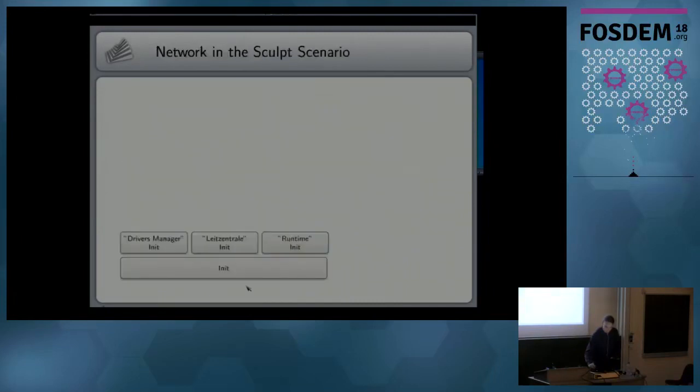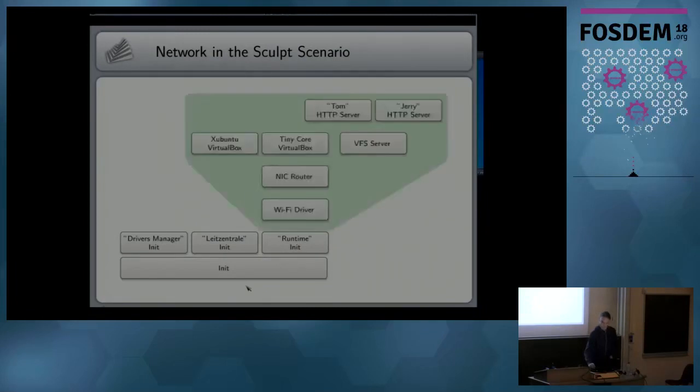Okay. And of course, we have the Skype scenario that was already presented today, where we have this runtime in it, where I can start an arbitrary runtime that I want to use for my daily work. In this runtime I can have, for example, an Ubuntu guest in a VirtualBox, or TinyCore in a VirtualBox, connected directly to a NIC session of the NIC router.